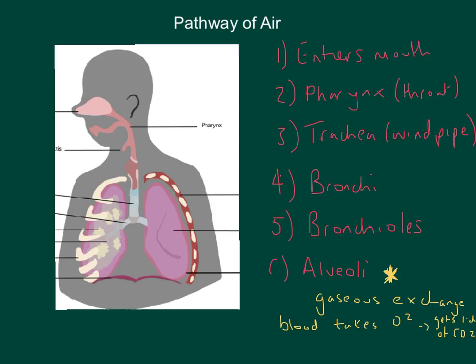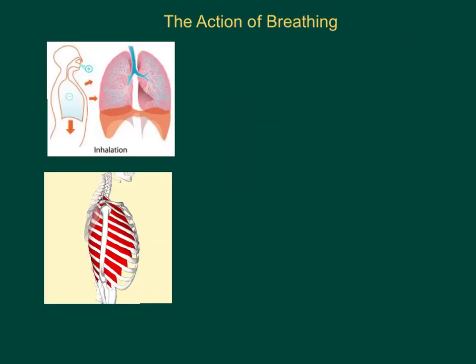CO2 and waste products. Okay, so first we'll look at breathing in, also known as inhalation. Now what happens is, underneath the lungs here, we've got our diaphragm. Now the normal shape of the diaphragm, when it's relaxed, is a dome, like that. Okay, so it sits under here and it's a dome shape.